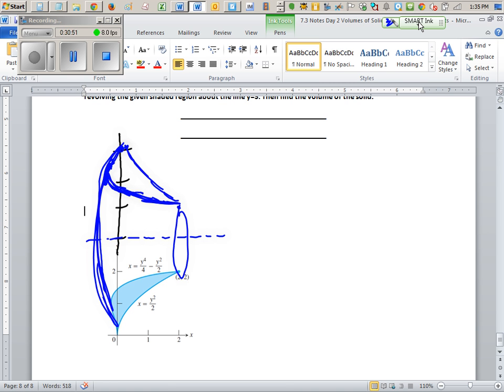Let's try it again. This time we're doing a totally different approach. How about a shell? So remember how the shells work. First you draw a segment that connects the two curves. And then you draw the shell in like that. So this is a shell.